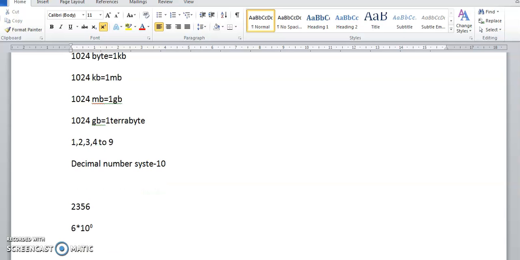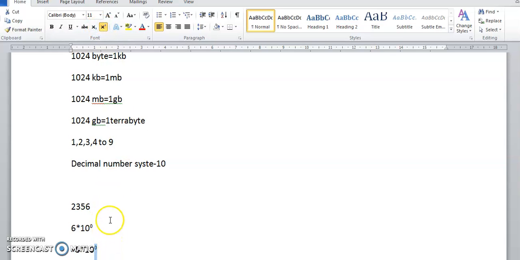Plus 5 into 10 raised to 1. All this writing will be normal, and only this exponent will be a superscript.